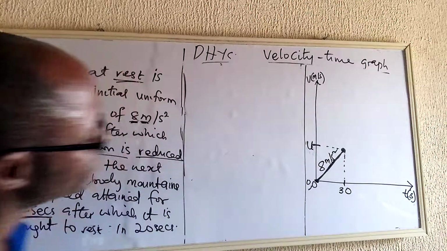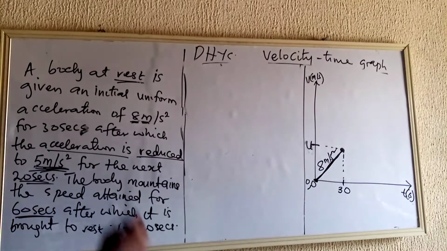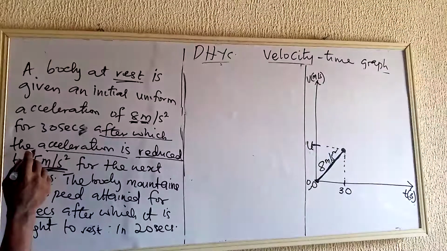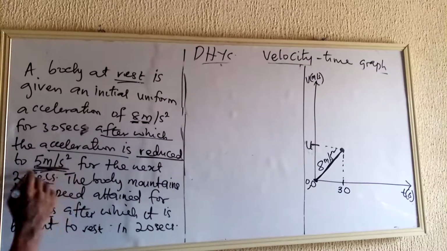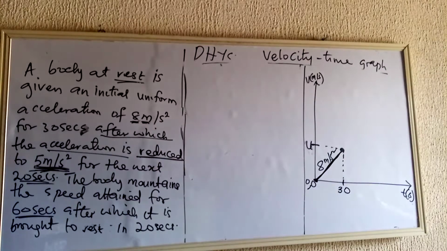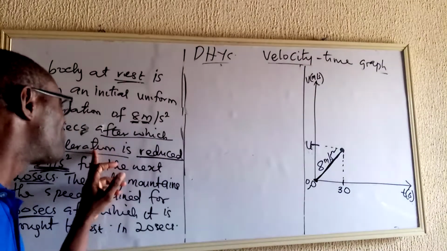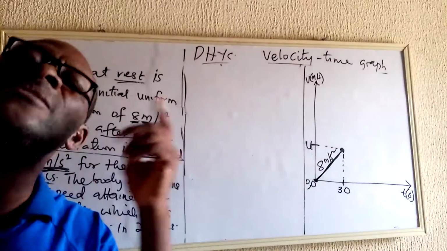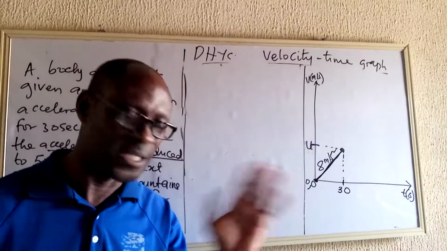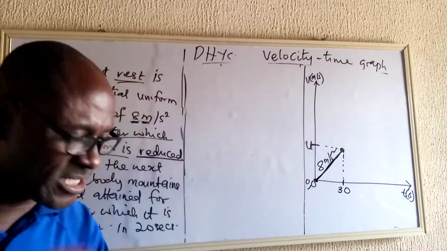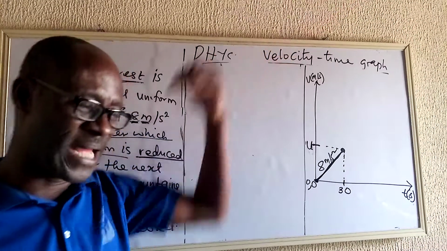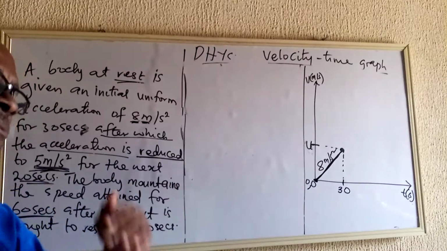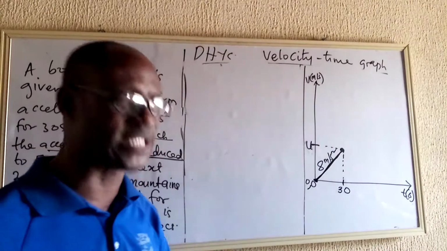So you join the 2 points together, and that line is the line of acceleration, which is 8 meters per square second. All right. After which the acceleration is reduced to 5 meters per square second. Please take note of this. Acceleration being reduced does not mean deceleration. Acceleration is an increase in velocity per time, while deceleration is a decrease in velocity per time.